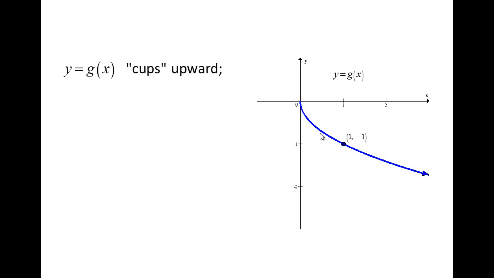At any point on the curve, the tangent line lies below the curve. So that's what we mean by this phrase here. So we were saying that g of x cups upward. So we say that g of x is concave up on the interval from 0 to infinity.